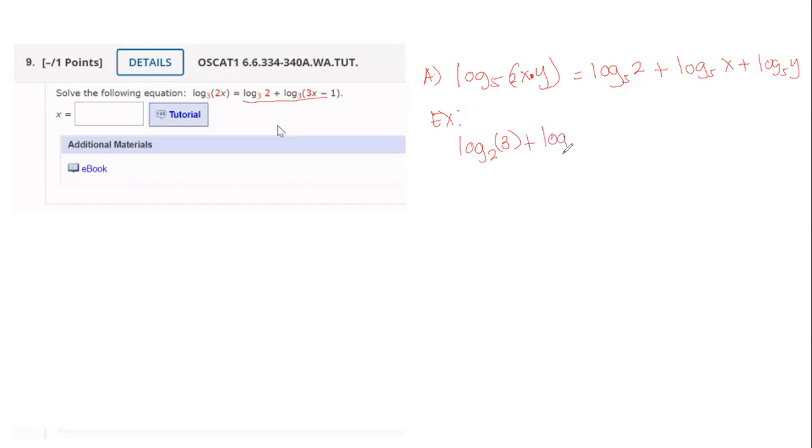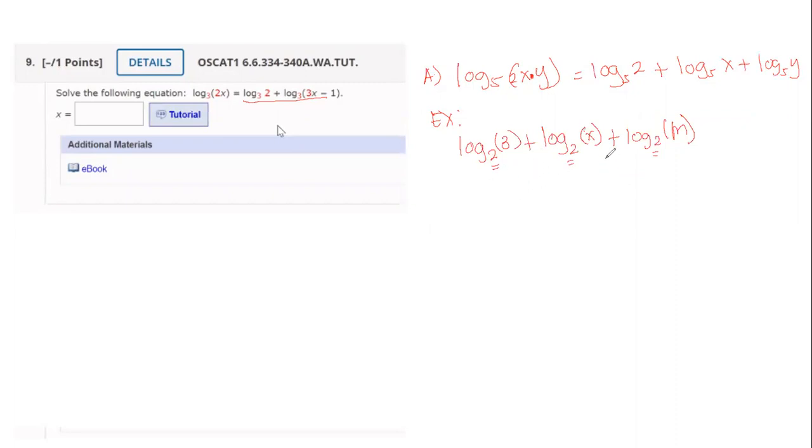Log 2 of 3 plus log 2 of x plus log 2 of m. If you have that, first check if they're all log base 2. If they're not base 2, then you can't combine them in this type of problem.